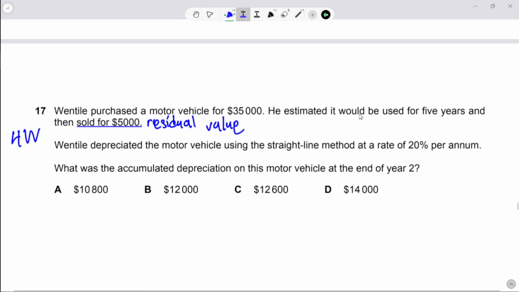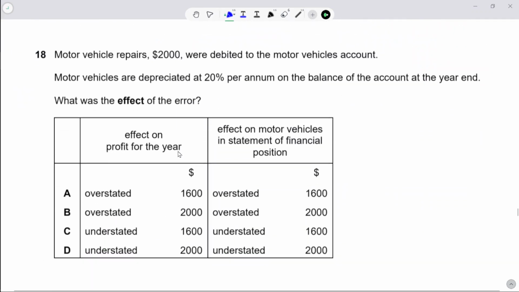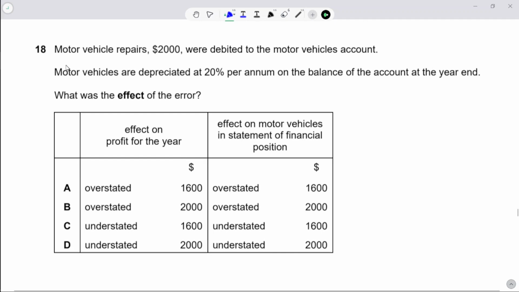And then this one will be the useful life. Okay. So let's continue. So 18.